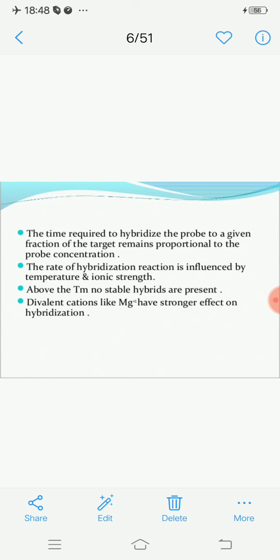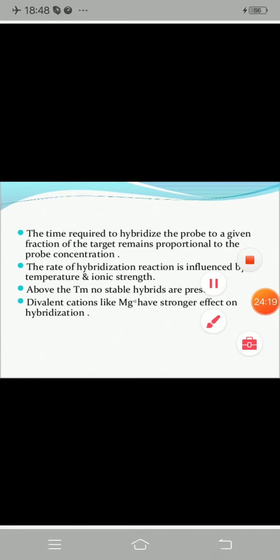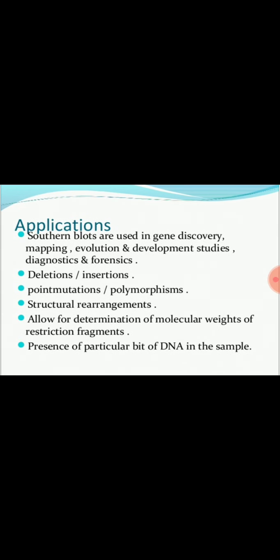Sometimes divalent cations are used to make this process faster and stronger. Yes, there are unbound probes also, which are removed by the washing technique, and after that, for detection you have to do autoradiography. With the help of this, you can visualize the hybridized probe with your DNA fragments.